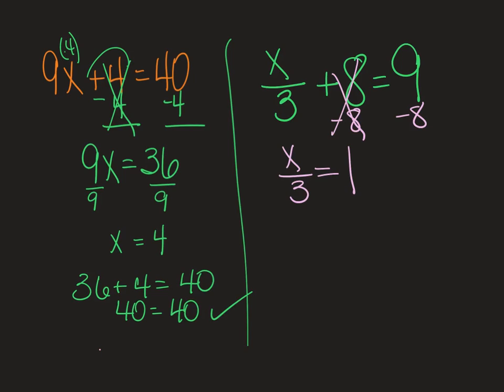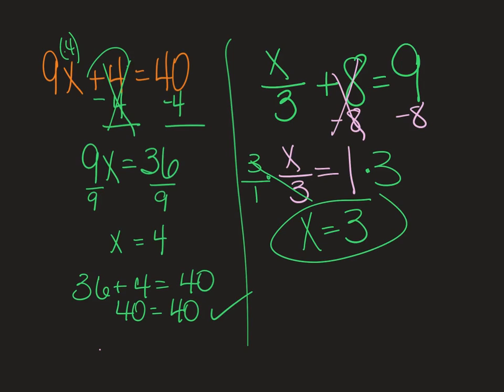Now, what's the opposite of division? Multiplication. So you're going to multiply both sides by 3. And of course, when you're multiplying fractions, you know you have to put it over 1 in this case, and this would cancel, and you would have x equals 1 times 3, which is 3. That would be your answer, and you can substitute that because 3 divided by 3 would be 1. Ultimately, 1 plus 8 is 9.